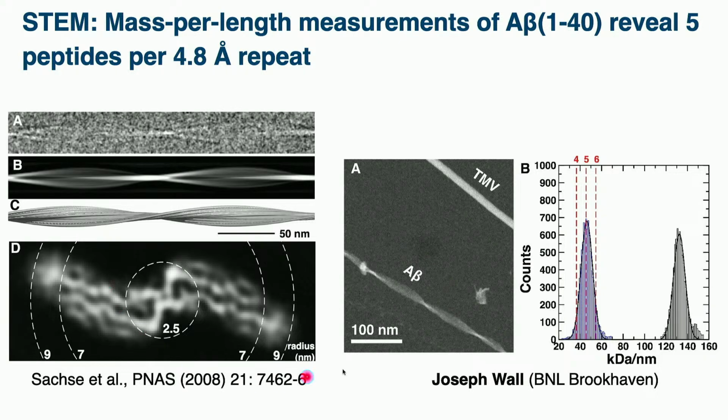Now this has been resolved. There has been a whole burst of structures in this field coming out because of the detectors, I guess. And so alongside, we used this method and determined the mass per length values. The way this is done is that you have an internal reference, such as tobacco mosaic virus, where you know the density, and the scattering mass corresponds proportionally to the mass that you are seeing.